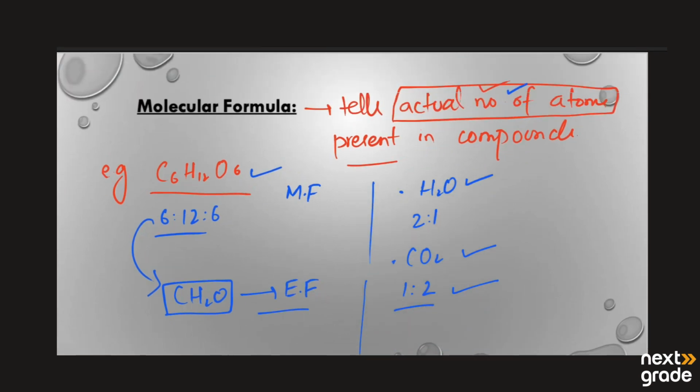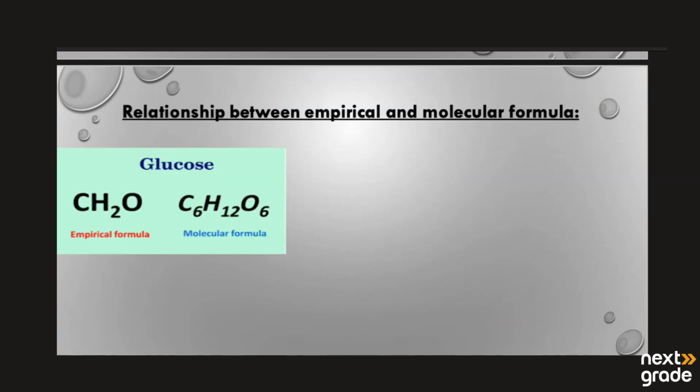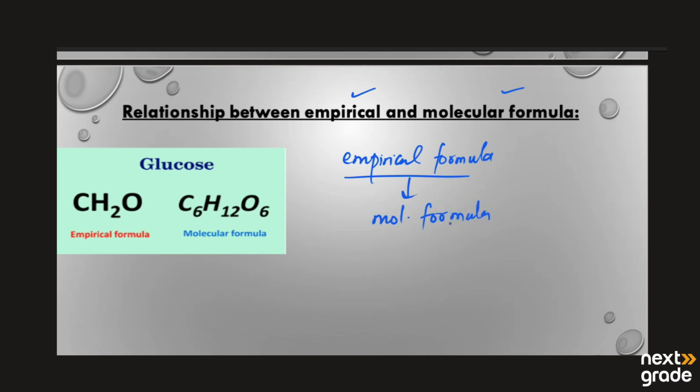Next, we have the relationship between the molecular formula and the empirical formula. If we know the empirical formula of the compound, then we may be able to find the molecular formula from the given information.